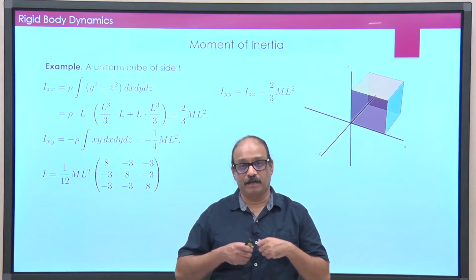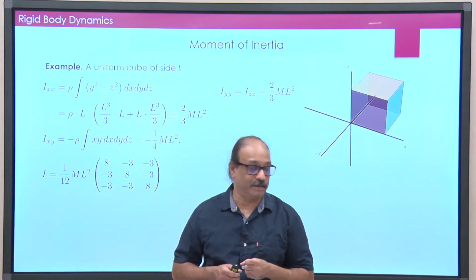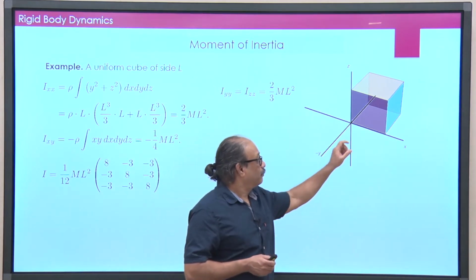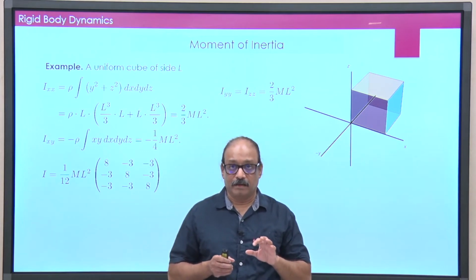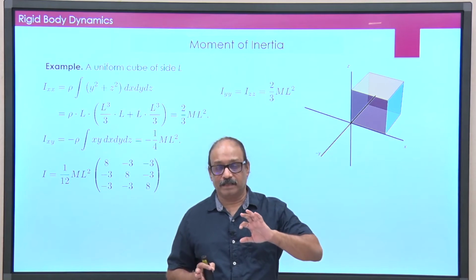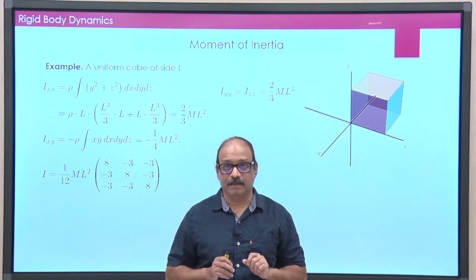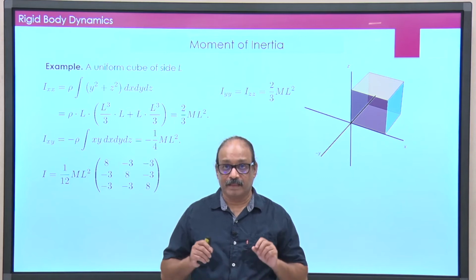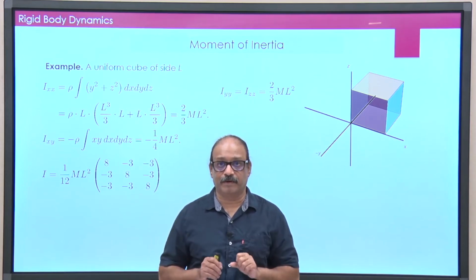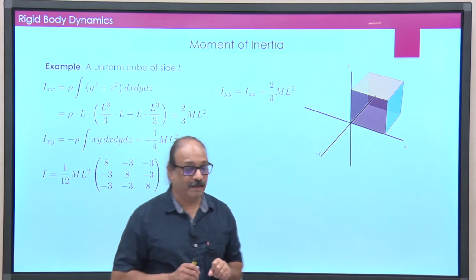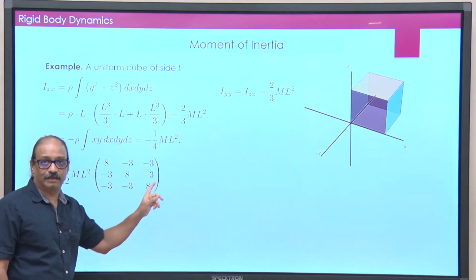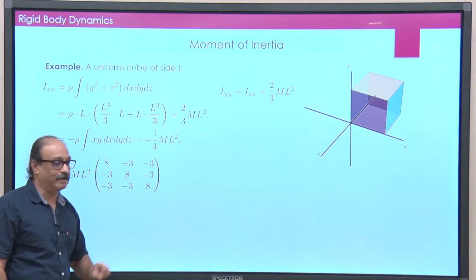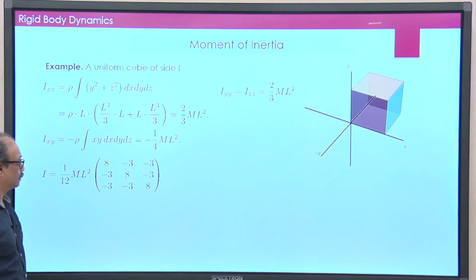Remember, we always calculate moment of inertia about a point, but what does not matter, and which is not immediately obvious, is that if you rotate the coordinate system, the moment of inertia as an object, as an intrinsic property, would remain the same, except that these numbers would change in a certain way, but otherwise it is the same moment of inertia tensor.